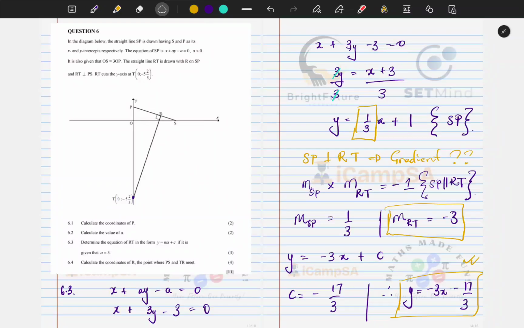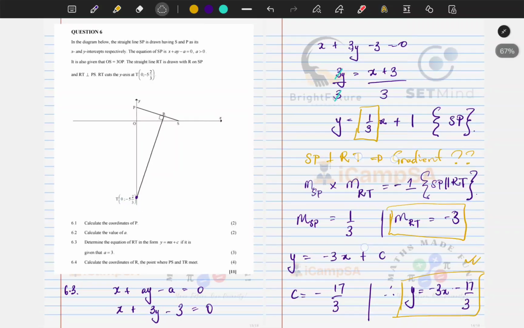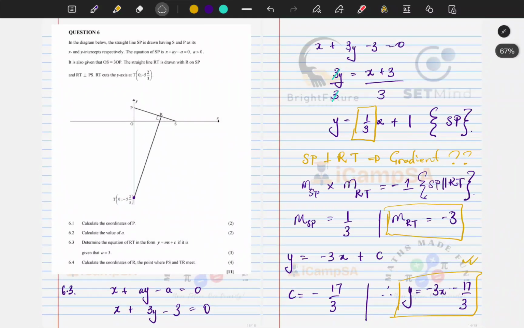And therefore this is how we find 6.3. So now let's look at how we can find 6.4. Let's go to 6.4.